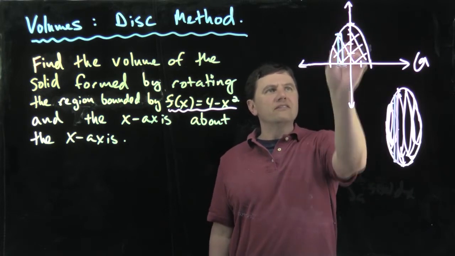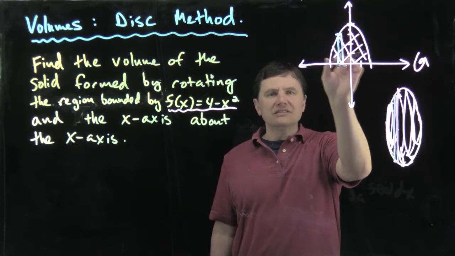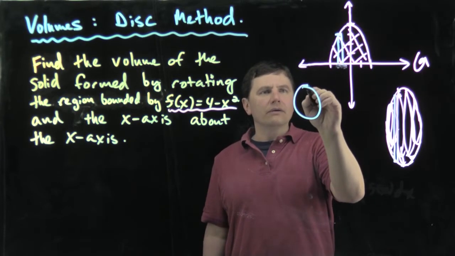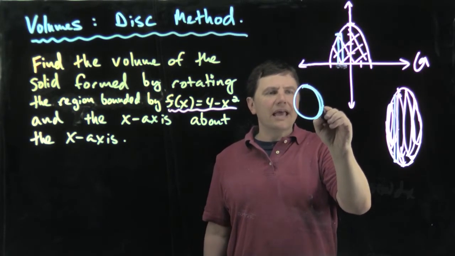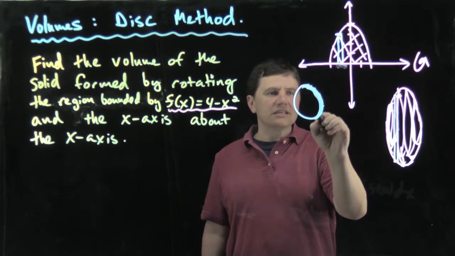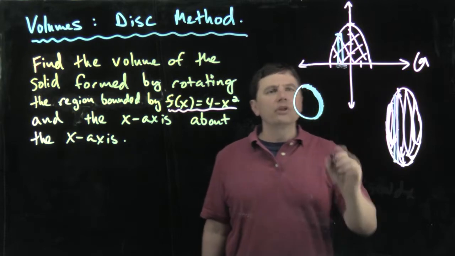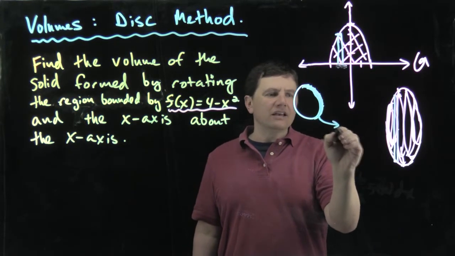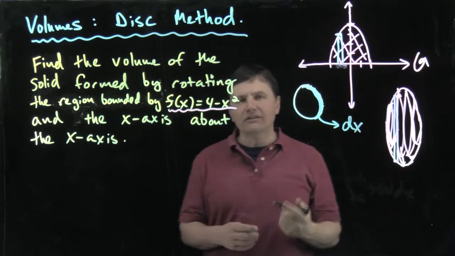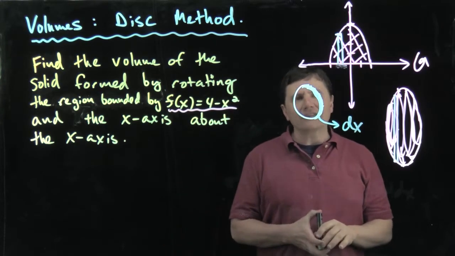So if I think about slicing this thing up into an infinite number of these disks and then slide this out, once again this idea is that we're slicing this up an infinite number of times. So this disk has a thickness of dx, dx once again being this infinitesimally small change in x.